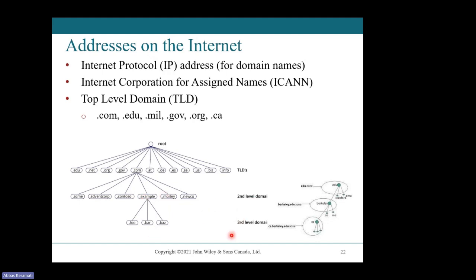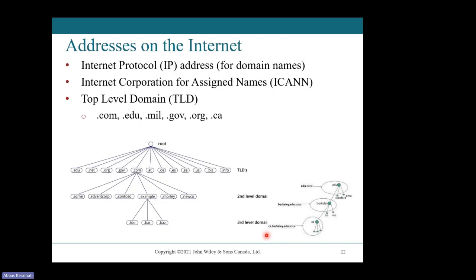And then we have third level domains. Let's see an example: .edu, the university, then Stanford.edu, Berkeley.edu, and cs.